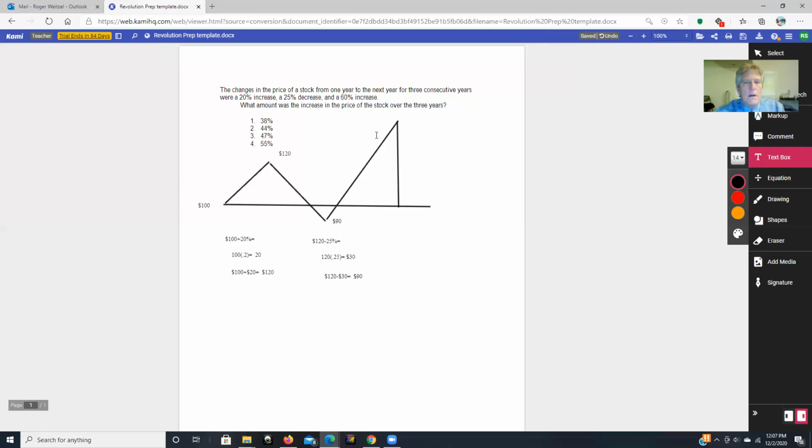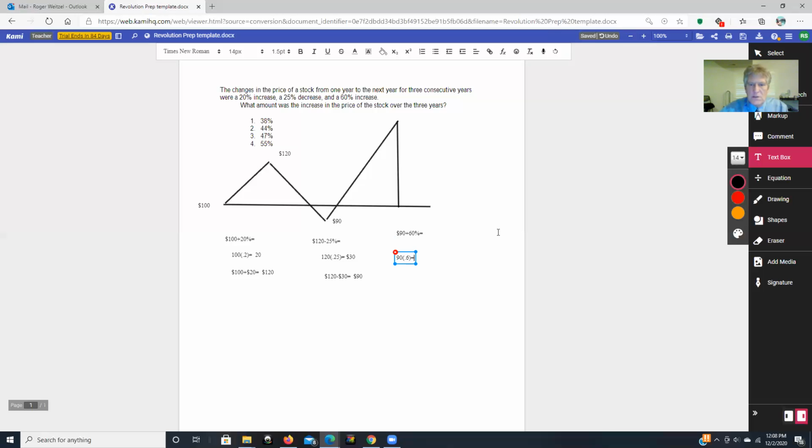All right, now we're going to go up the last year by 60%. 90 is our new reference, so this time we're going to take $90 and we're going to say plus 60%. And what's that going to equal? Again, we want to know what is our 60%. So now we're doing 90 times 0.6. Again, 60% as a decimal is 0.6.